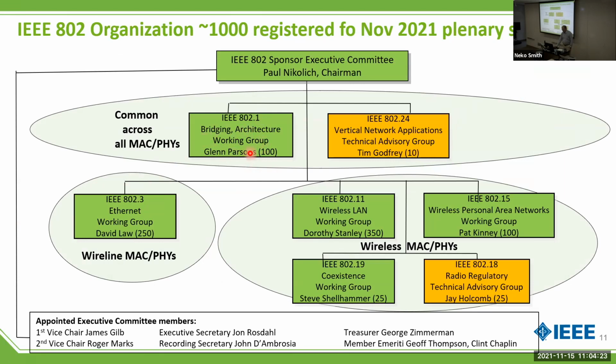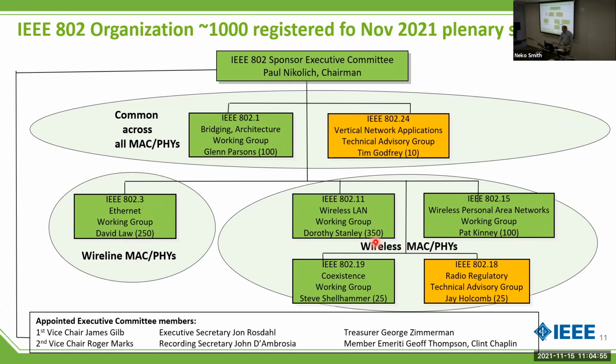As I mentioned, we're in the midst of kicking off the revision of the overview and architecture document, where there's an opportunity to come in and provide additional refinement to the architecture to address some of these new emerging applications. And then on the wireline side, we've got the 802.3 Ethernet working group. There's about 250 people actively involved there. Now on the wireless side, we've got several groups, 802.11 wireless LANs.